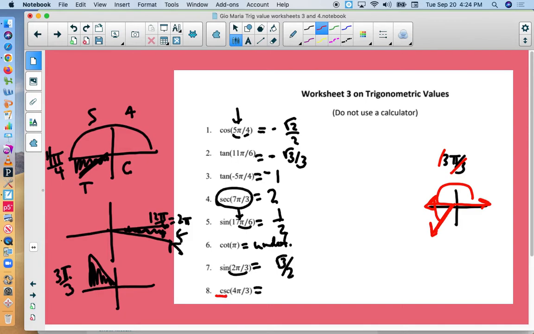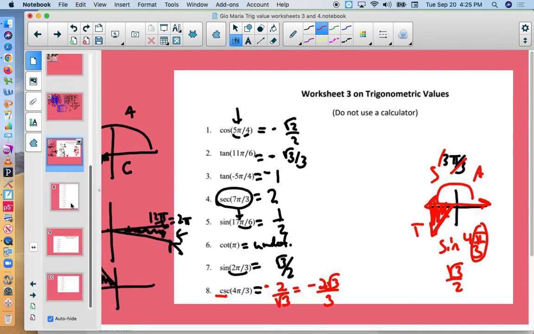I need the sine of a 60-degree angle, because my reference angle with pi over 3 is 60 degrees. The sine of a 60-degree angle is square root of 3 over 2. I need the cosecant, 2 over square root of 3, and all students take. Tangent is positive, so that means sine and its reciprocal are negative. And then you can rationalize it if you'd like to.